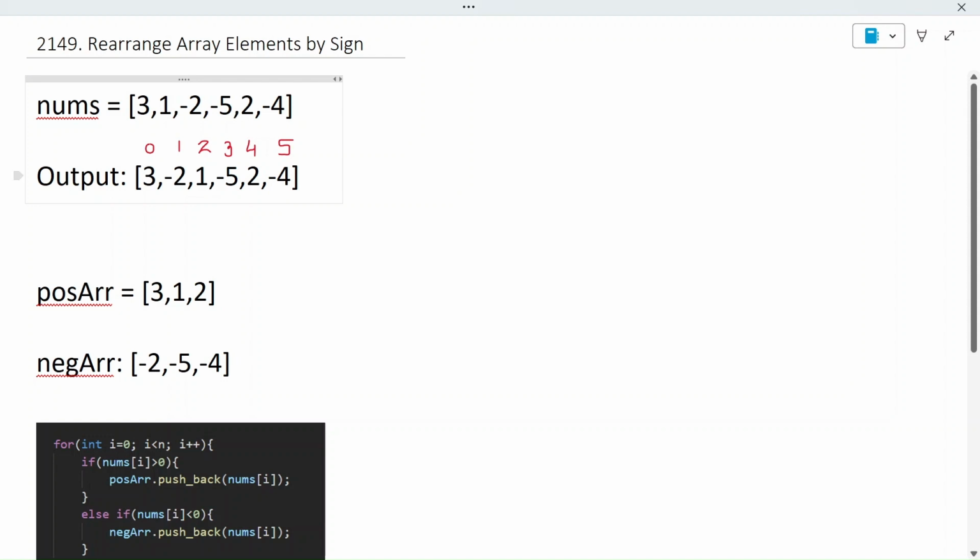All two consecutive integers have opposite signs, right? And 3, 1, and 2 are in this order in nums, and 3, 1, 2 are also in the same order in the output. Minus 2, minus 5, minus 4 are in this order in nums, and minus 2, minus 5, and minus 4 are in the same order in the result.